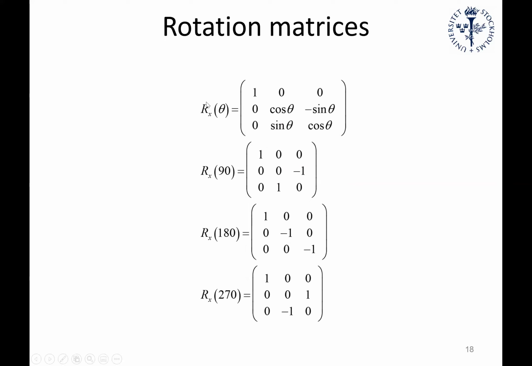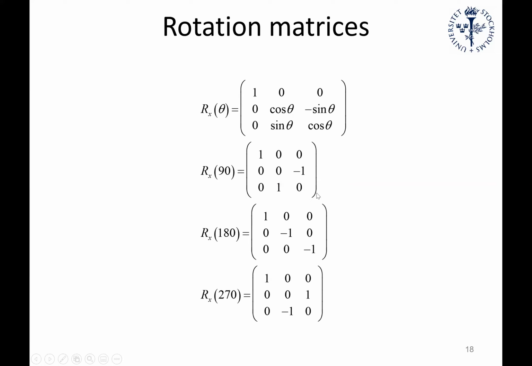For rotations down the x-axis, it's this 3x3 matrix here. Again, if you want to rotate by 90 degrees, cosine 90 degrees is 0, so these 2 terms end up being 0. Sine 90 degrees is 1. And then here again, you have minus sine 90 degrees, which is -1.